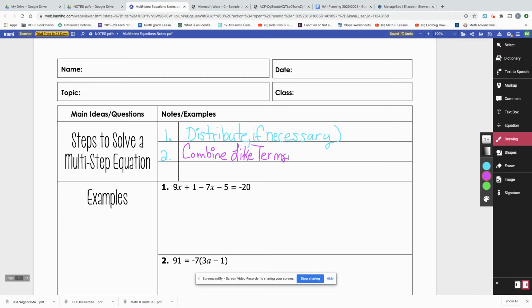That means that we are going to combine terms, constants together on the same side of the variable and terms with a variable on the same side of the equation. And then we will solve for the variable by isolating the variable.